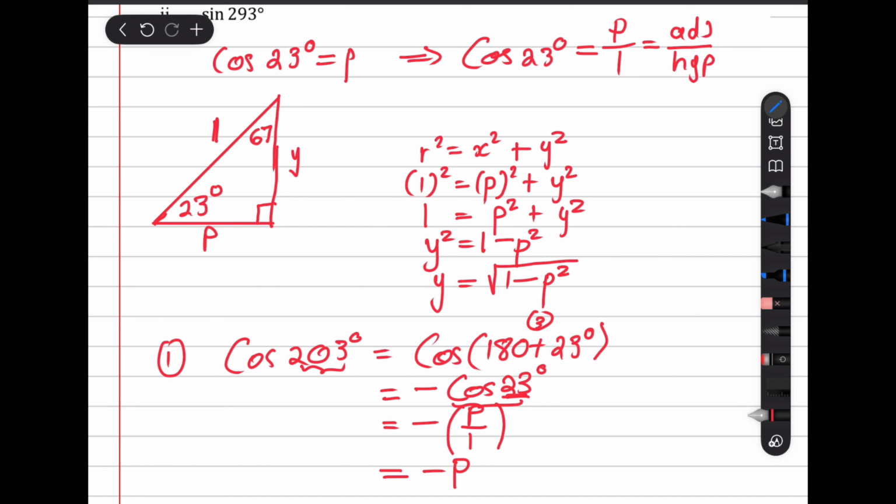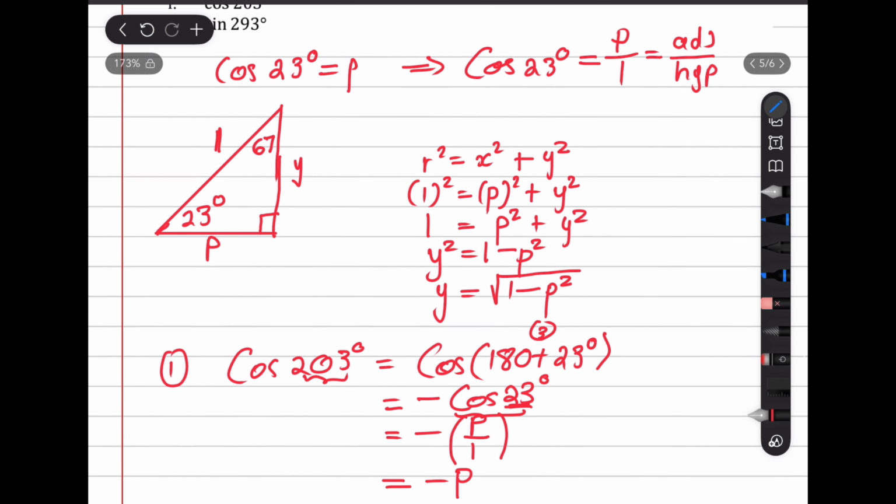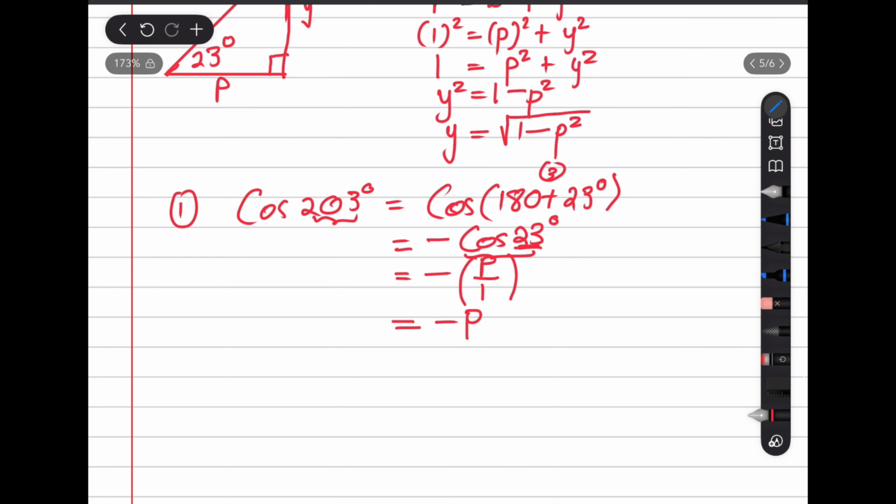Now our second question: we have to find the value of sine of 293 in terms of p. First, look at this angle, it's not in its simplest form. How can we write it in the simplest form?